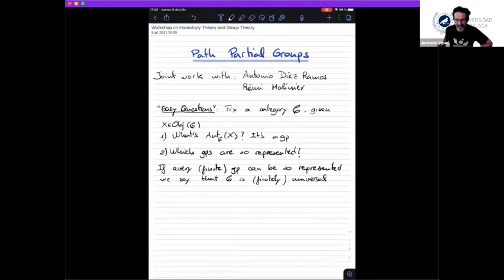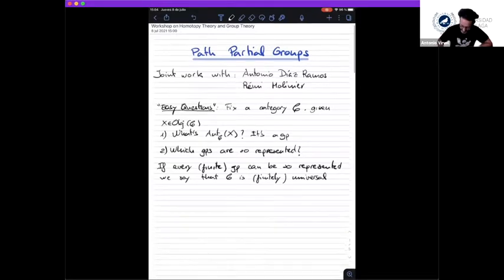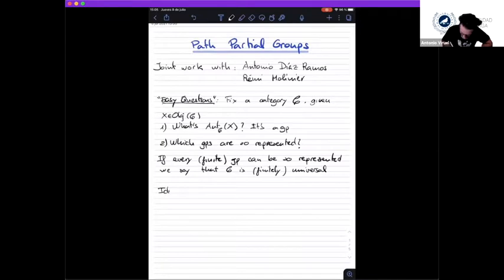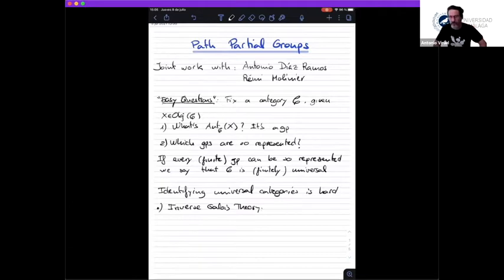Identifying universal categories is a really hard problem. For example, in inverse Galois theory, we still don't know whether the category of Galois extensions over the rationals is finitely universal.